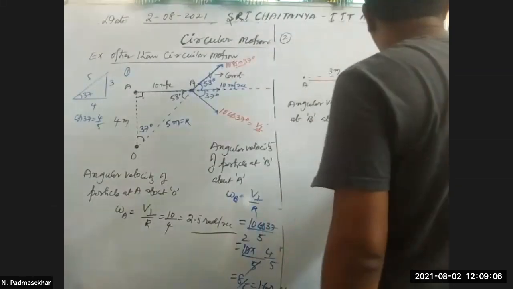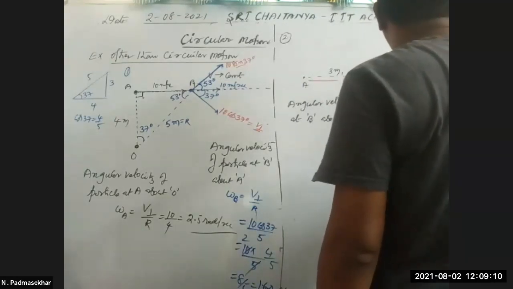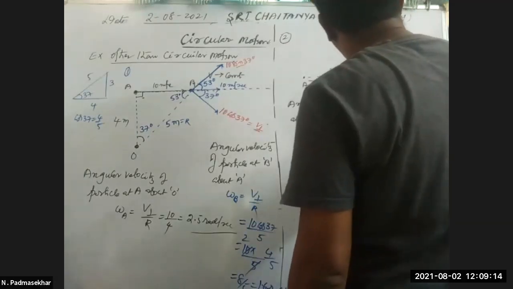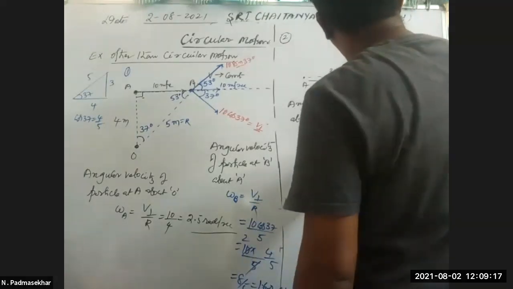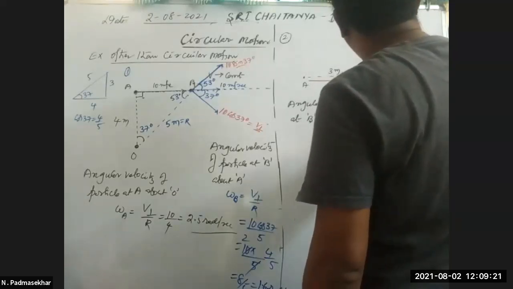So the velocity can be resolved into components. This is one component, 20 cos 37. Another component is 20 sin 37.